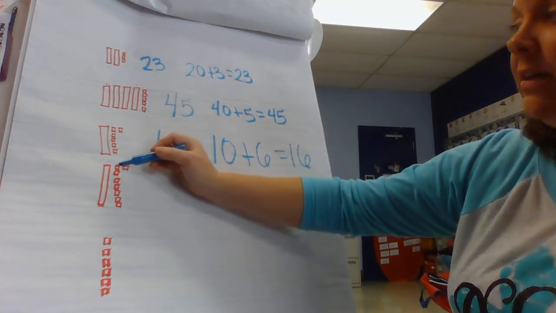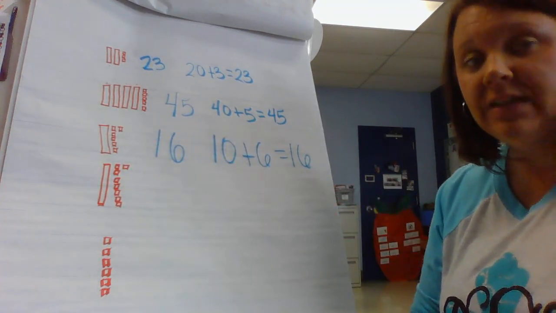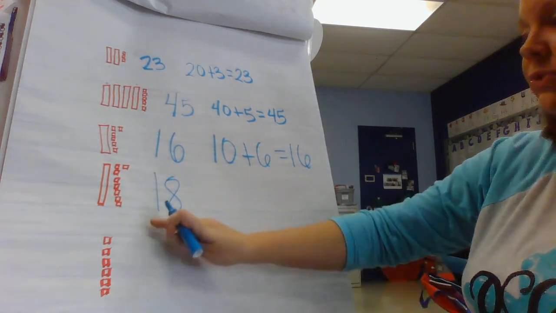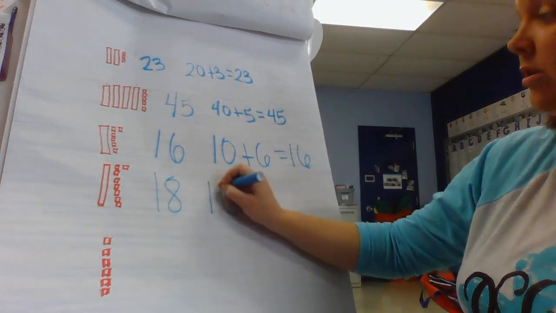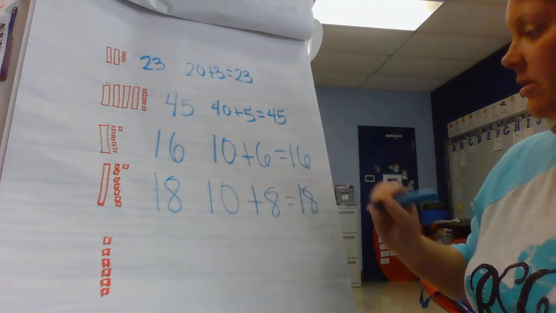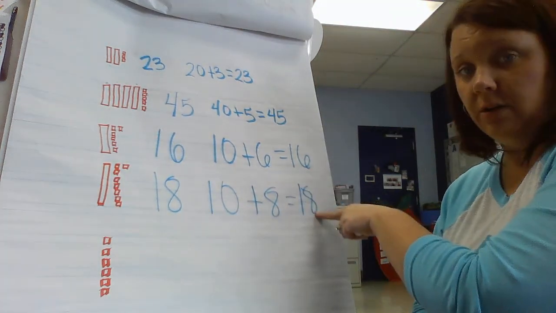10, 11, 12, 13, 14, 15, 16, 17, 18. So the numerical form is 18. The digits 1 and an 8. Remember the 1 is 10, when we break that apart, 10 plus 8 equals 18. Remember, we use the value when adding the parts together to make the whole.